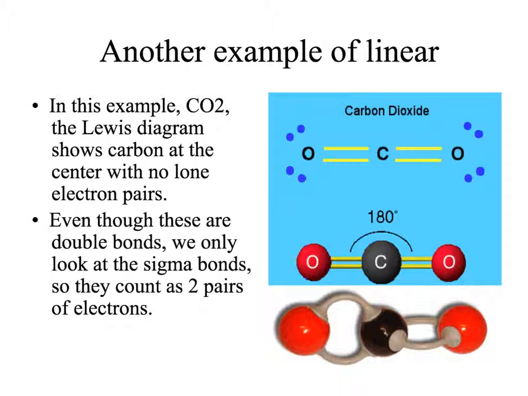However, there's a special name for the second bond. This is actually called a pi bond. So for right now, just assume that even if it's a double bond or even a triple bond, we're still only going to count that as one shared pair of electrons for the purposes of determining molecular geometry. So in this case, with carbon dioxide, again, we're imagining that there's exactly 2 shared pairs, and the farthest apart that they can be from each other would be 180 degrees.